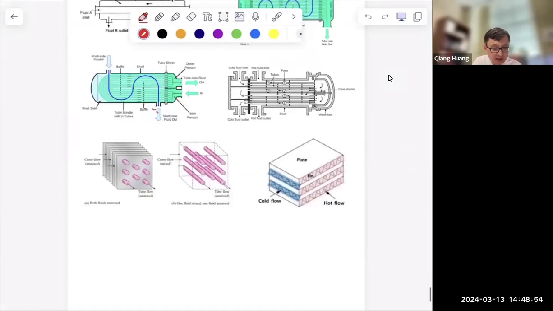In addition to that, we also have cross flow heat exchangers. These are two types, and within that there are also different configurations in terms of whether or not the fluids are mixed.